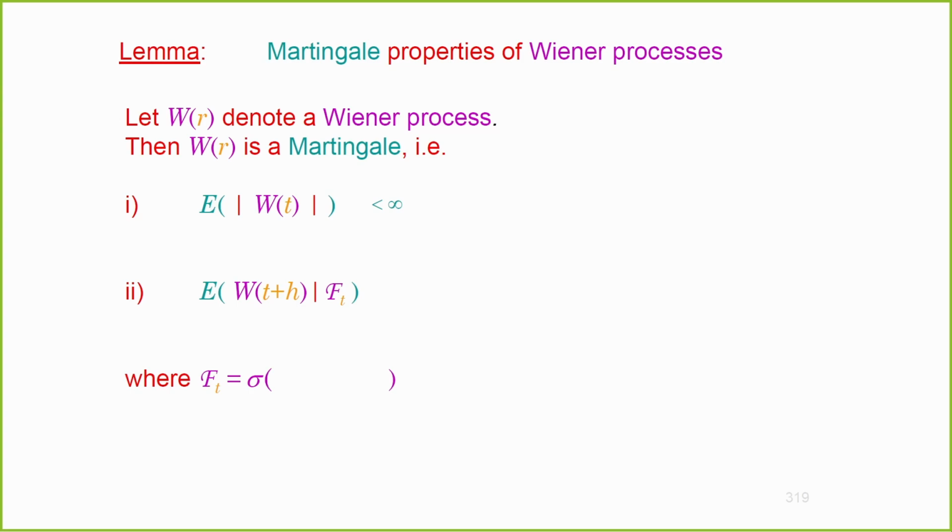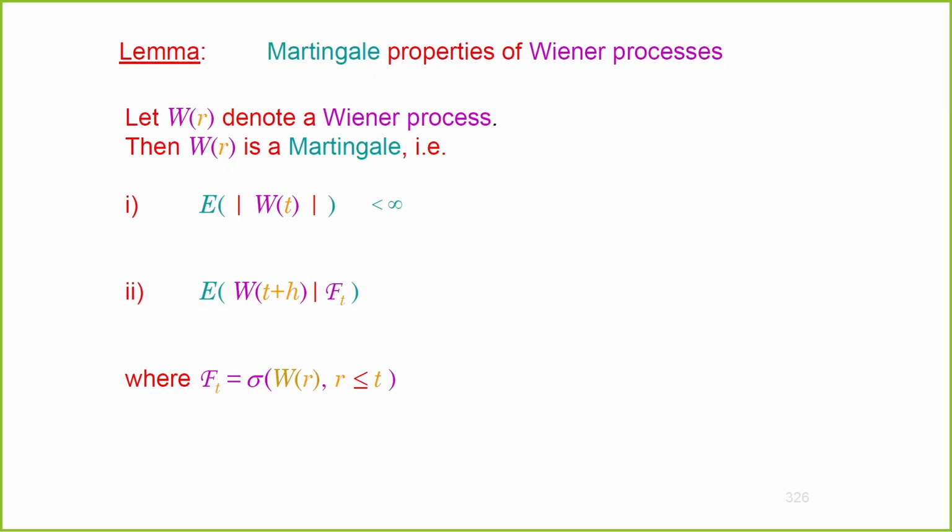So sigma as a function is addressing a sigma algebra which is generated by some random variables which are listed here. And I will address the Wiener processes at previous points of time. So let's say time point t is the current point of time, and time point r is some previous point of time or the current point of time. Anyway, this represents the past of the process, or the total past.